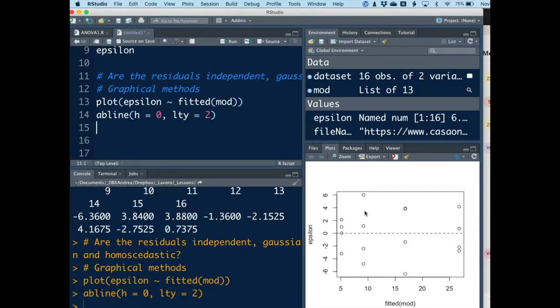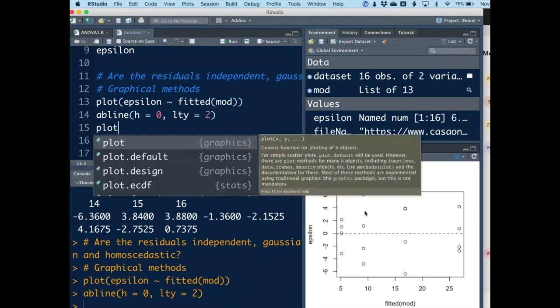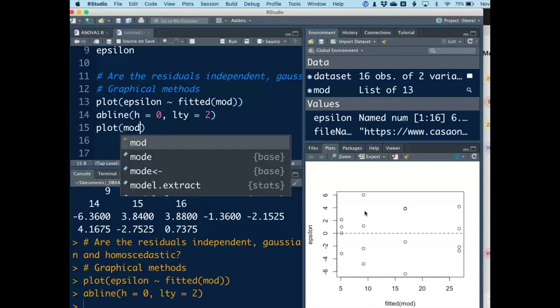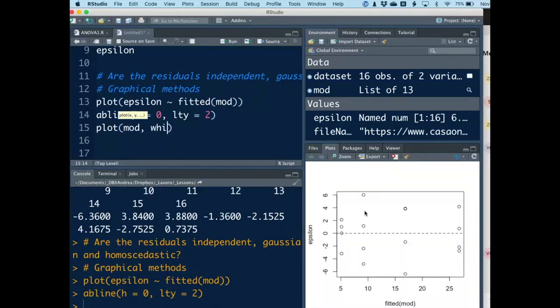So remember, the first graph which we look at is the plot of residuals against fitted values, like we did here. And I want to tell you that there is a simpler way to do this, which is the way I recommend. And it is this one. You use the function plot and pass the model object with a specification which equal 1.